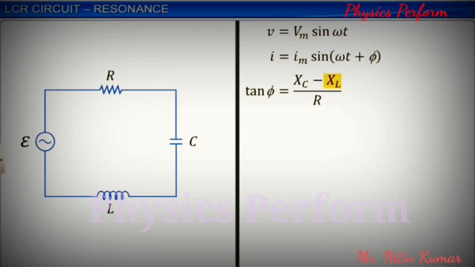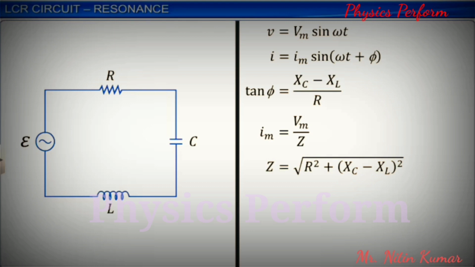We know that the amplitude of current Im in an LCR circuit is given by Vm by Z, where Z is the impedance of the circuit. In terms of capacitive reactance Xc and inductive reactance XL, we have Z equal to square root of R square plus (Xc minus XL) square.